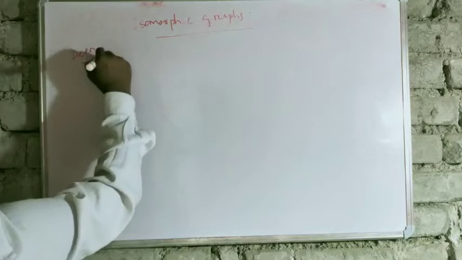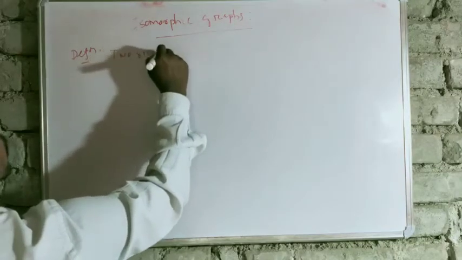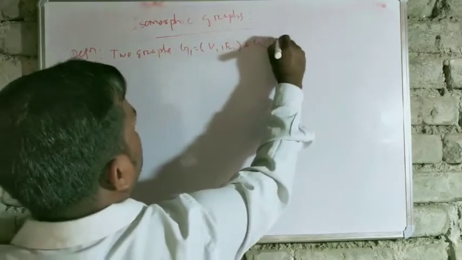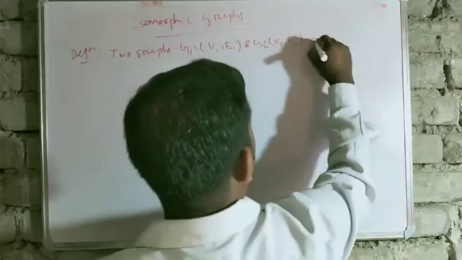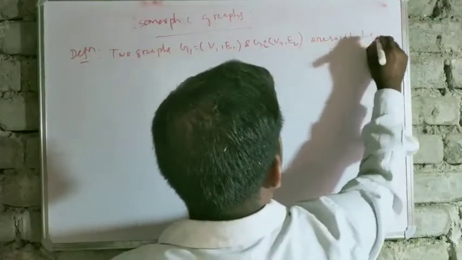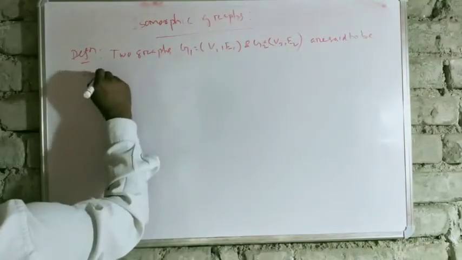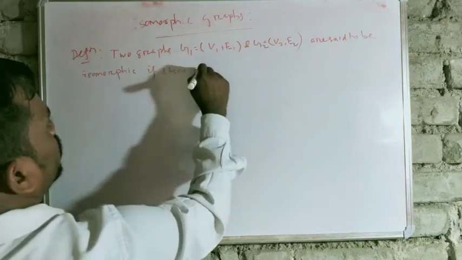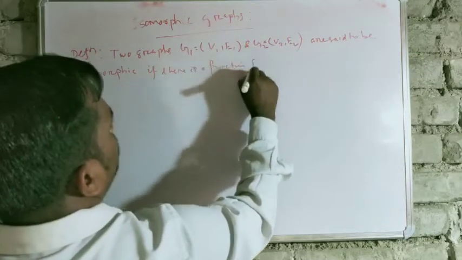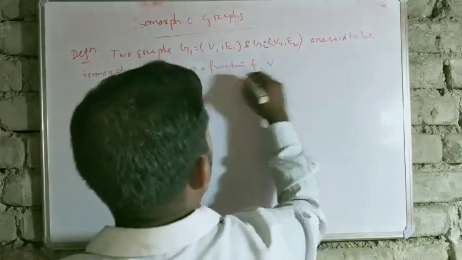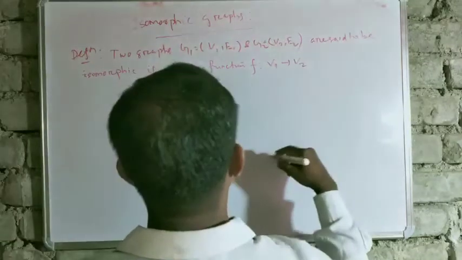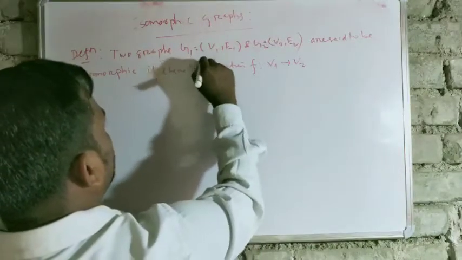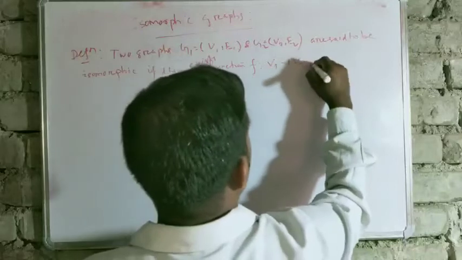So it has a definition. Two graphs G1 = (V1, E1) and G2 = (V2, E2) are said to be isomorphic if there exists a function f from the vertex set V1 to the vertex set V2 which is isomorphic.